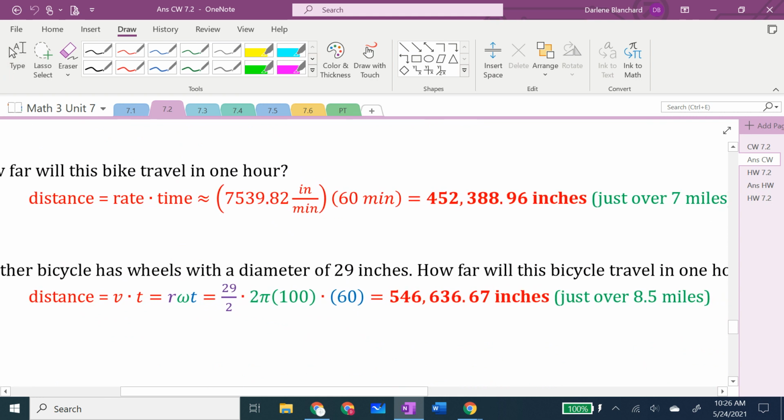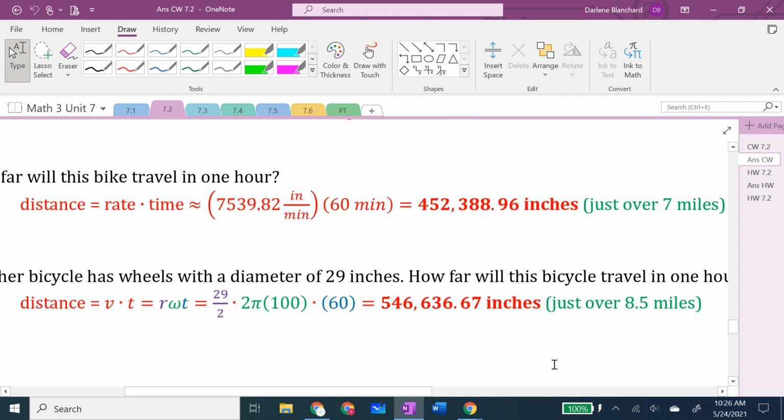And there you go. I tried to color code it a little bit for you to see that you've got your omega, your angular speed, multiplied by your radius, multiplied by time.